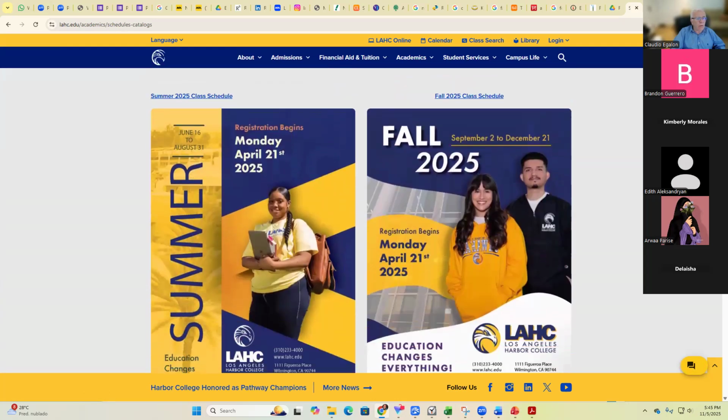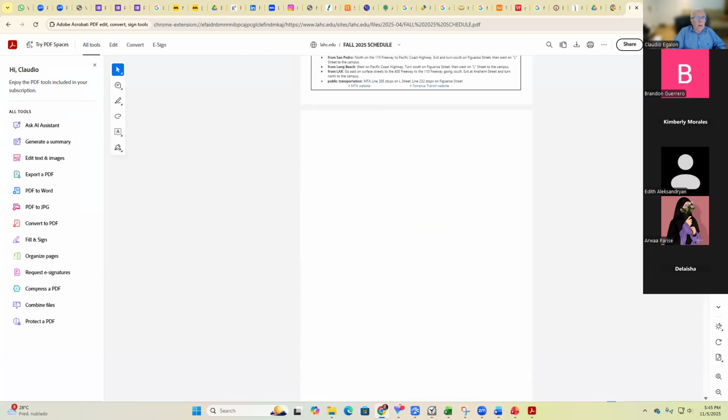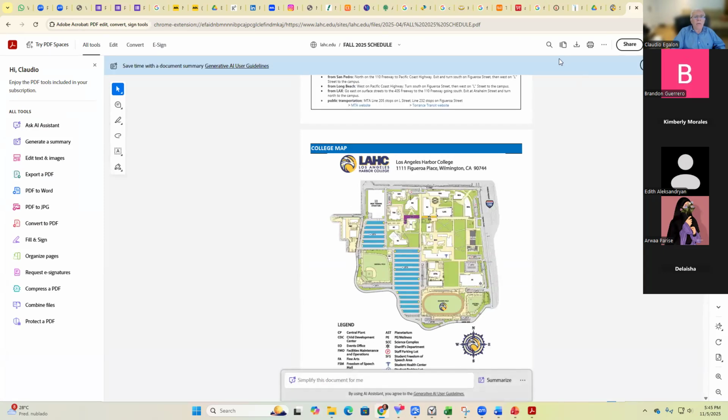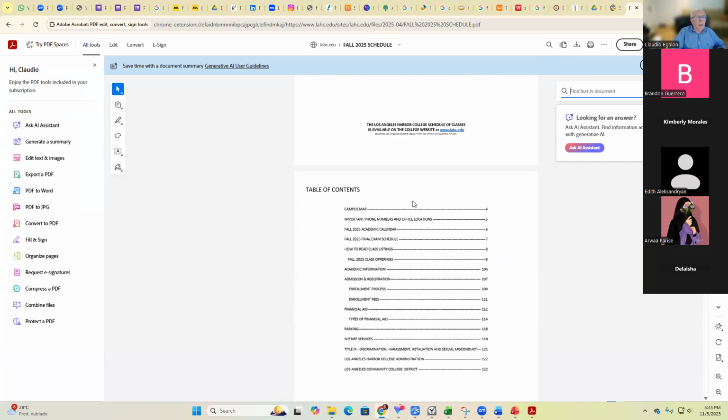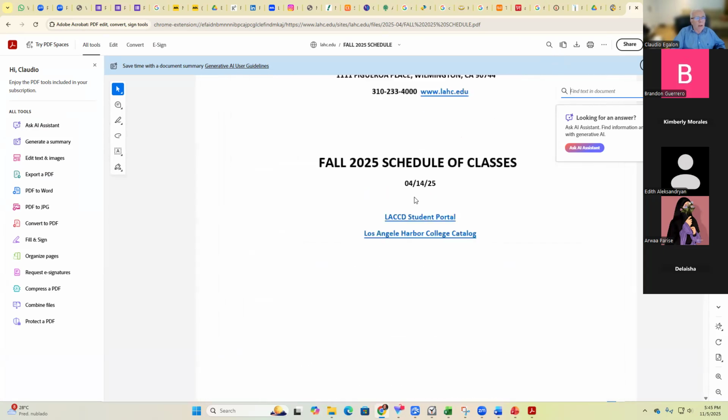We want the fall 25. That's the one right in here, the schedule of the classes. Let's see if I can zoom in.